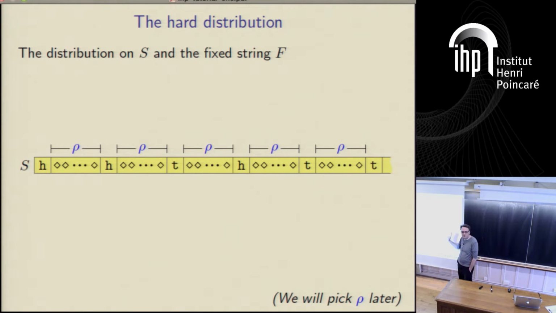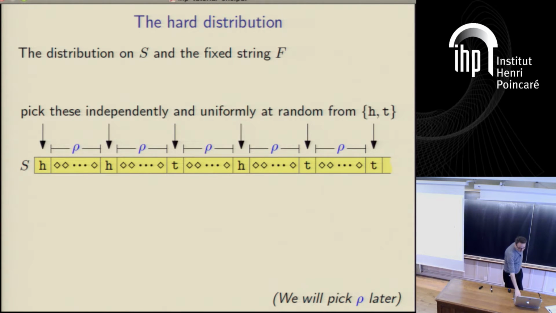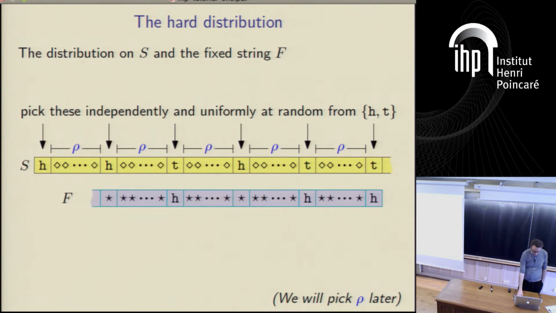And this diamond is just some symbol. And our fixed string, which is now called F, the fixed string, is going to have H followed by rho stars, and H followed by rho stars, H followed by rho stars, and so on. And these stars are just a symbol that doesn't occur in the other string. Diamond is a symbol that doesn't occur in here, star is a symbol that doesn't occur in there.